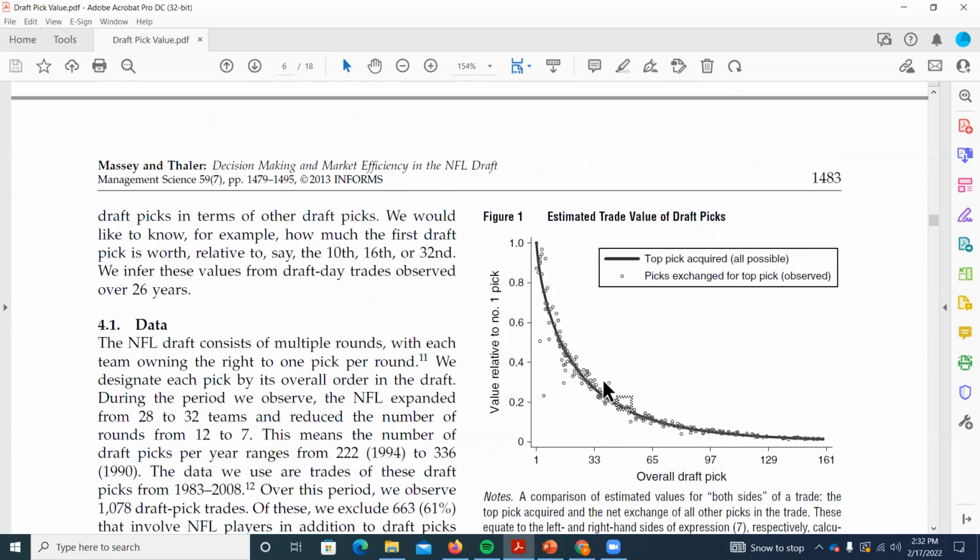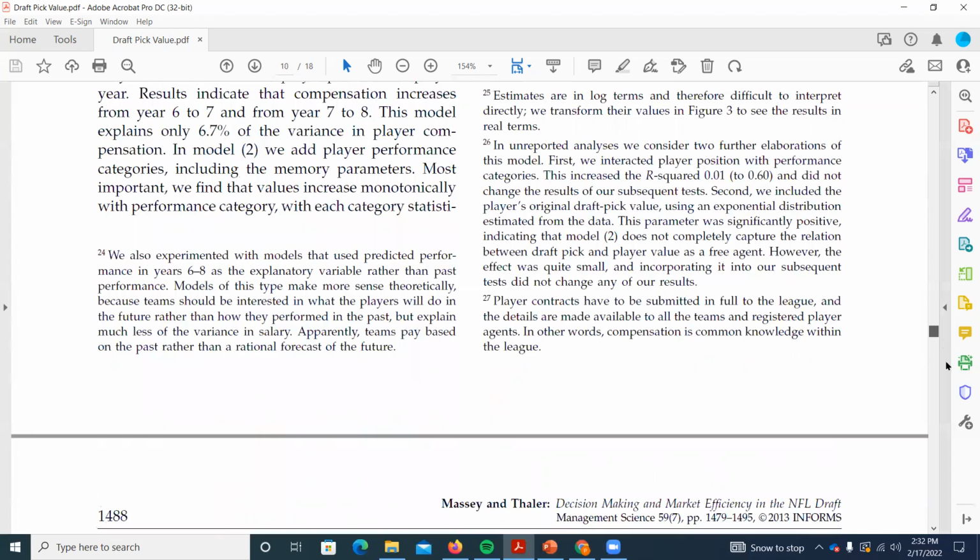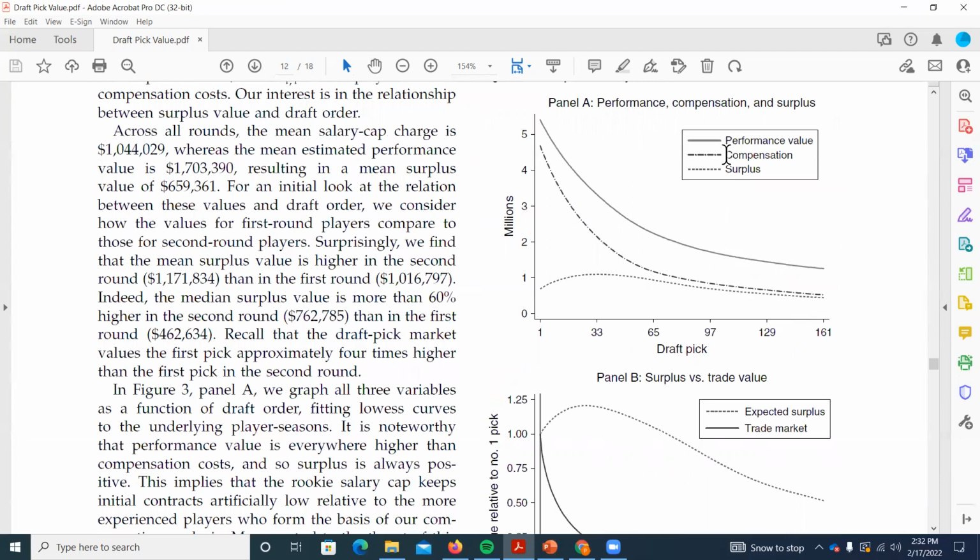So that would give us, based off the statistics, what the distribution of talent should look like. So then I'm just going to plot on that same graph, and they just kept the line of best fit for the predicted compensation, or what they call performance value. So that's this guy. They then looked at the actual compensation for these different picks.